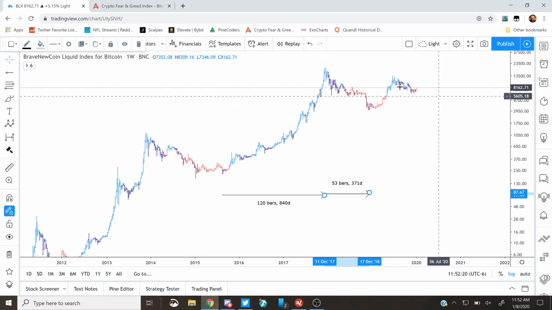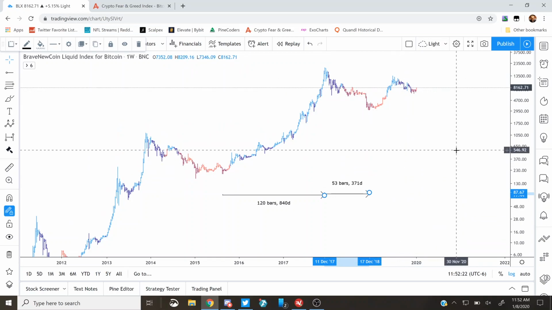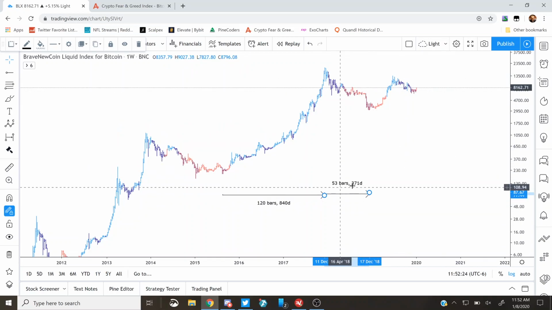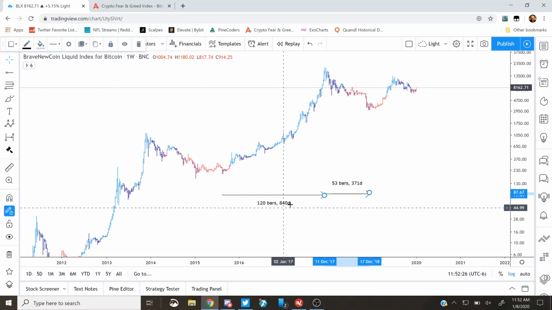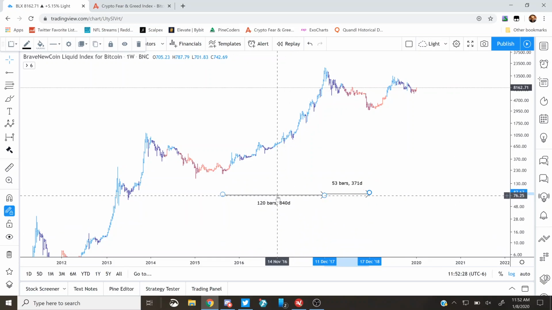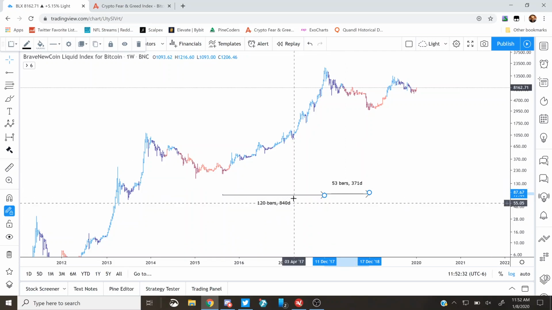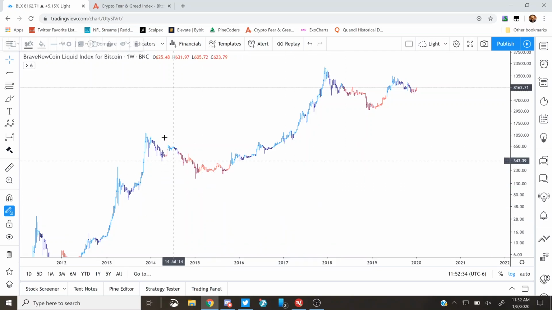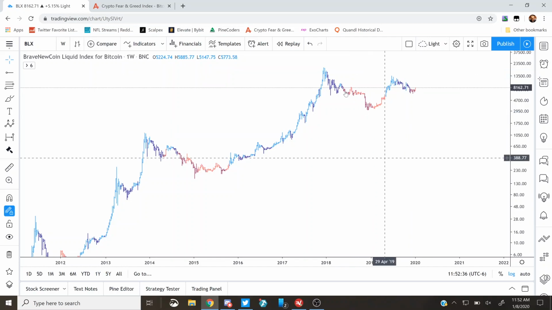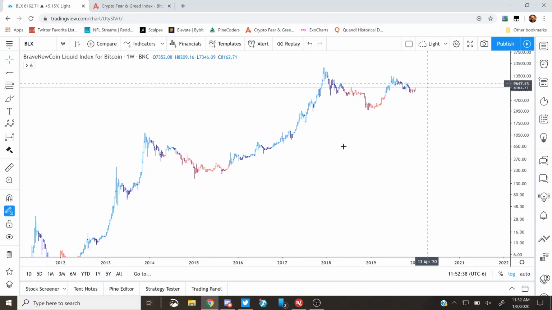There's not a completed move behind that. So you're talking about 371 days. That's less than half the time. So that doesn't make sense in terms of our ratio. And we expect the correction to continue.